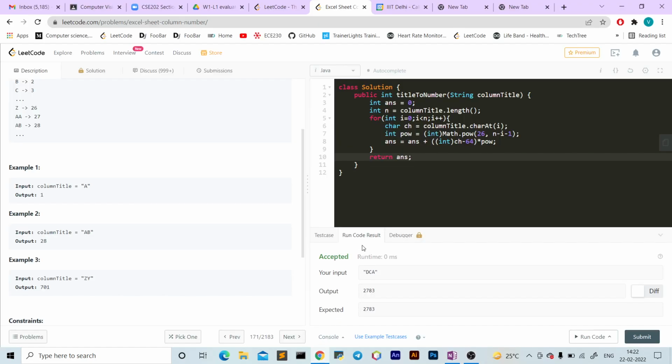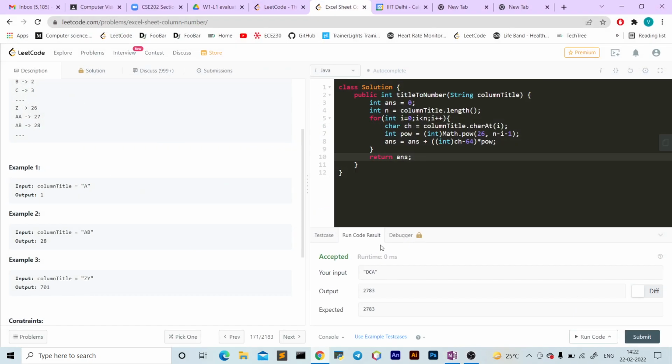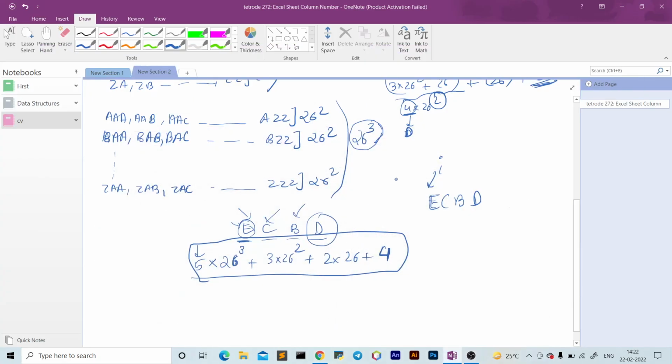So in the code also, what I have done is I am looping till the length of the string. This is the first letter, so i is 0 here. Now first of all I am calculating this power. How is the power calculated? 26 raised to the power the length of the string, which is 4, minus i minus 1. Currently i is 0, so 4 minus 0 minus 1 is 3, so it would be 26 cube.